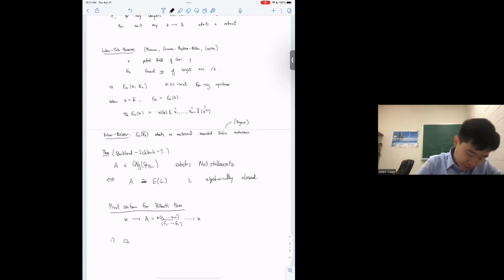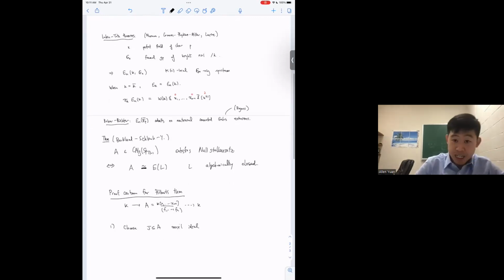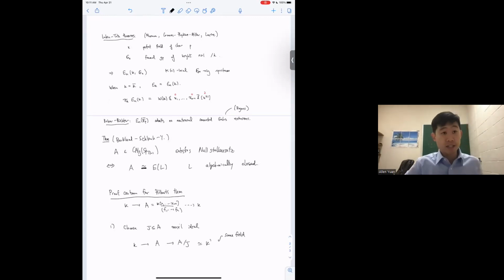So you choose inside a maximal ideal. And once you have a maximal ideal, that gives you a map to A mod that maximal ideal, which is some field K prime. And because A is finitely generated, this K prime is also finitely generated as a K algebra.